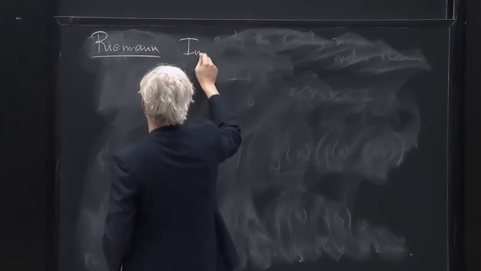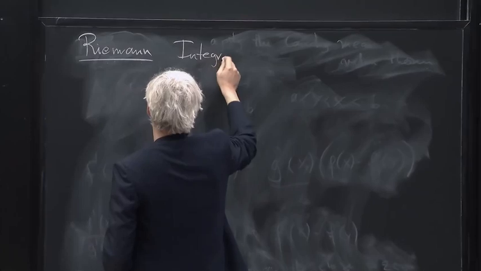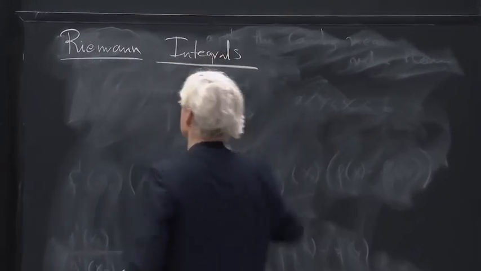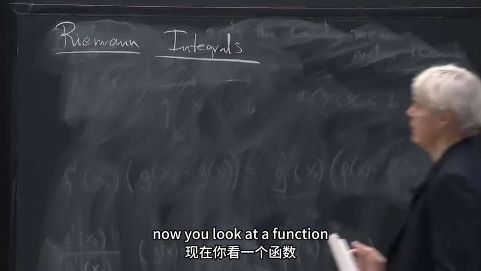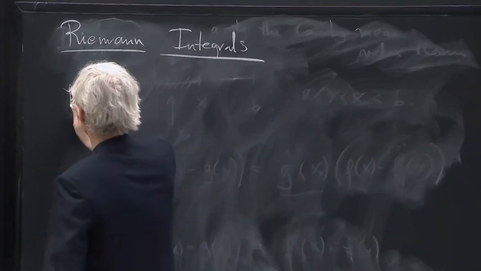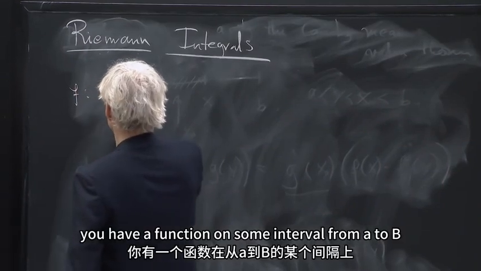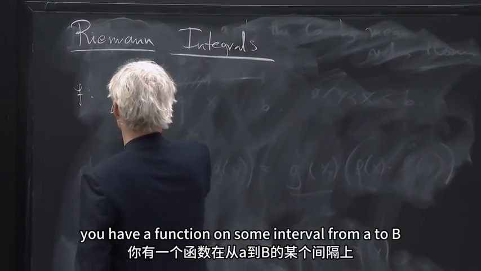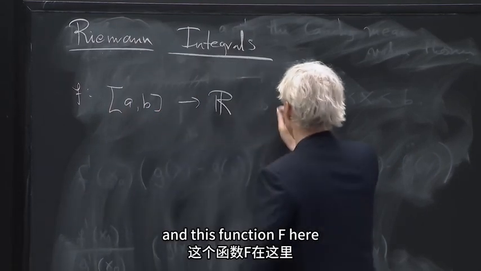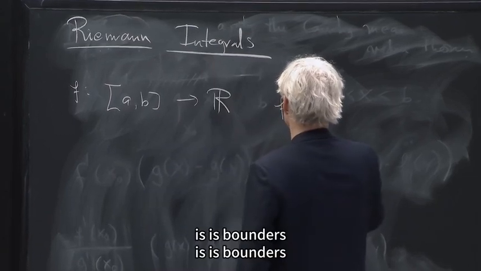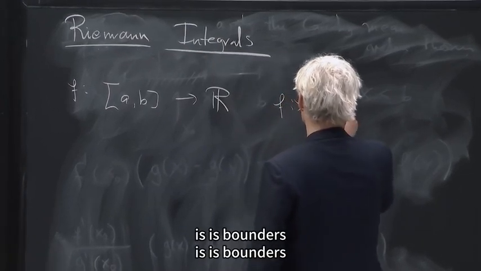So here you look at a function on some interval from a to b into R, and this function f here is bounded.